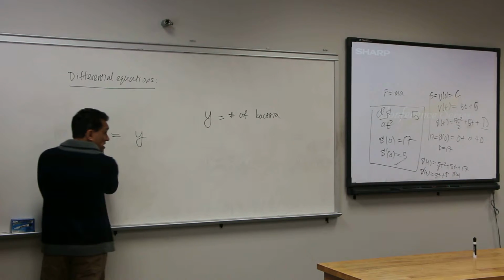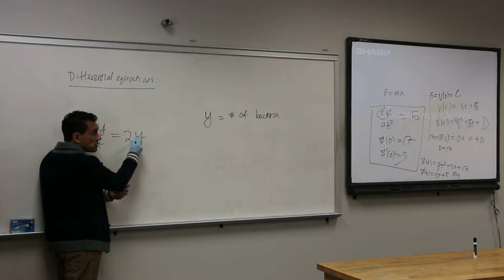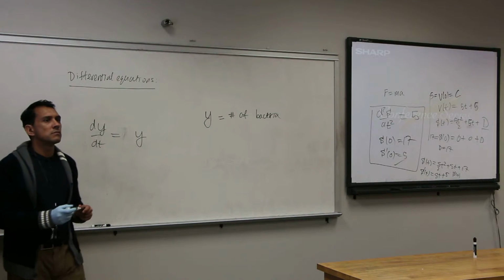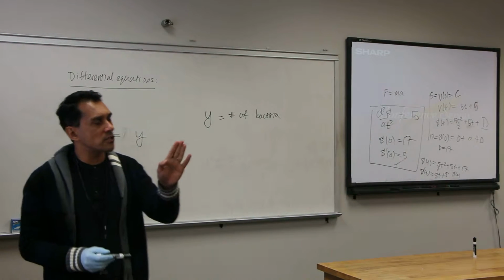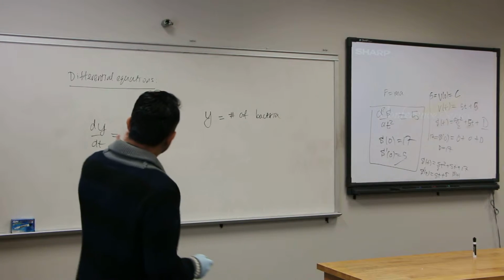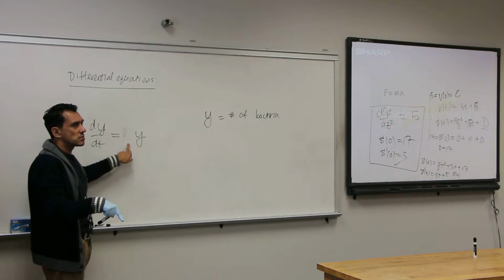It is proportional. You'd have to ask your biology professor, but let's say it's that. How fast your population is growing depends on how big your population is at that instant.